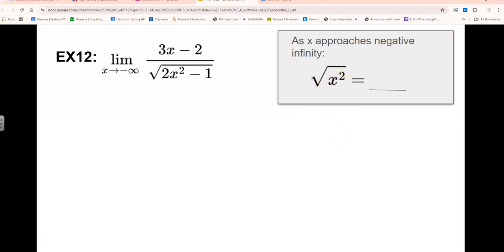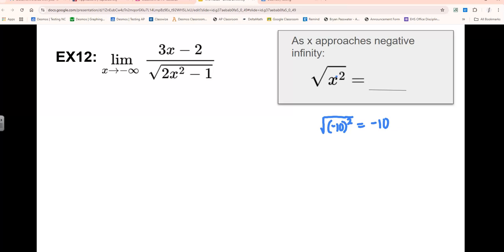Think about this. You're thinking of like the square root of negative 10 squared. You could think about that two ways. You could square it first and then take the root, in which case you would get a positive number. Or the square root and the square undo each other and you get negative 10, which is the way we need to think about it for this.